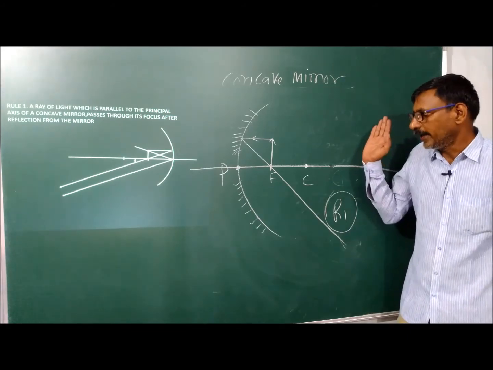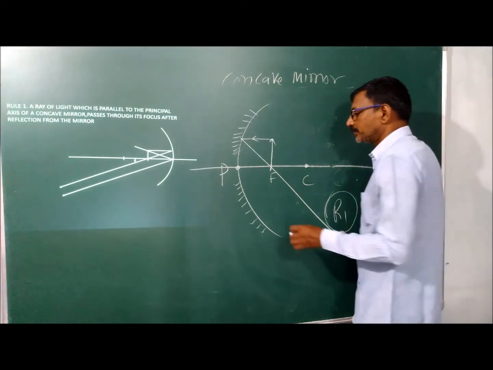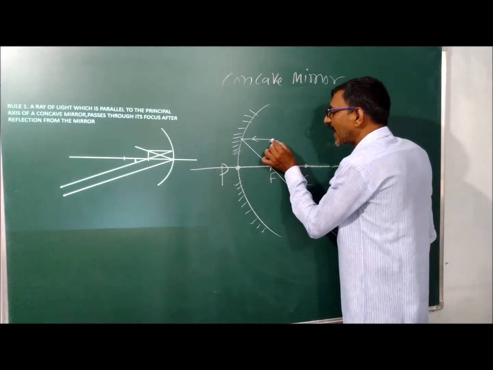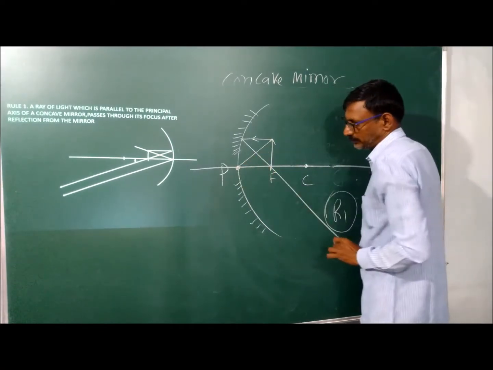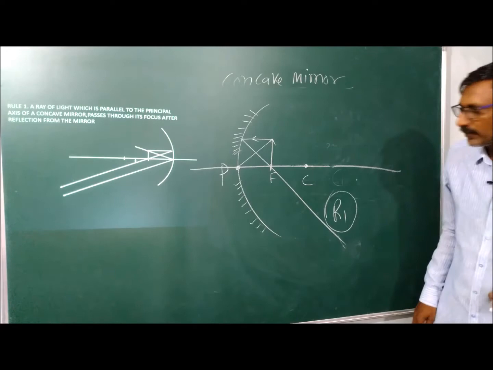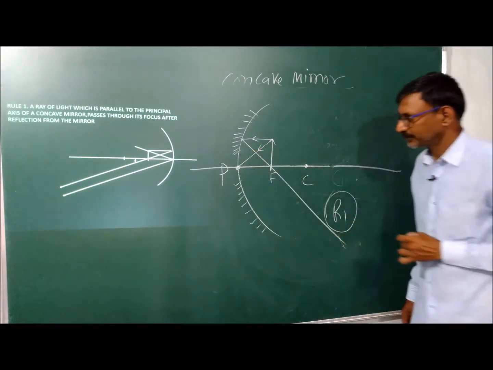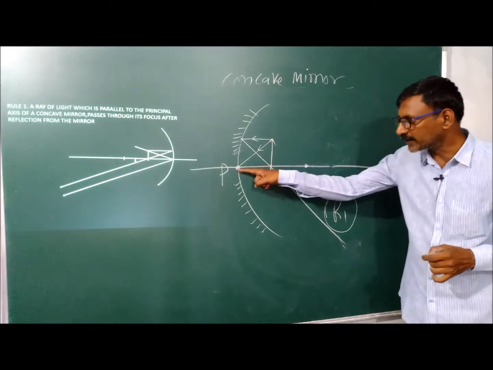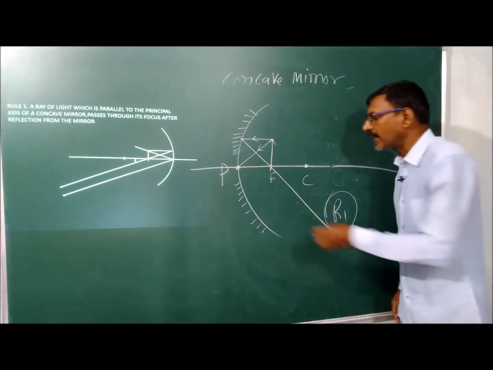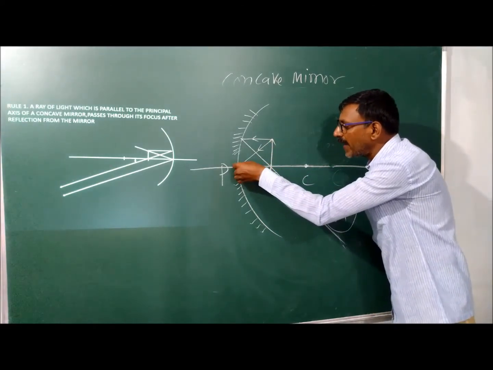Okay. If a light ray is traveling to the focus, this is my light ray, like this. It passes through the focus and is reflected back making equal angles.